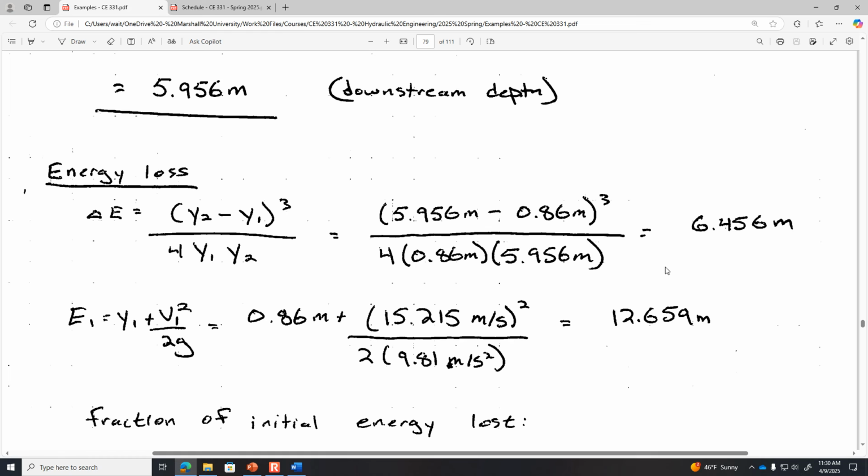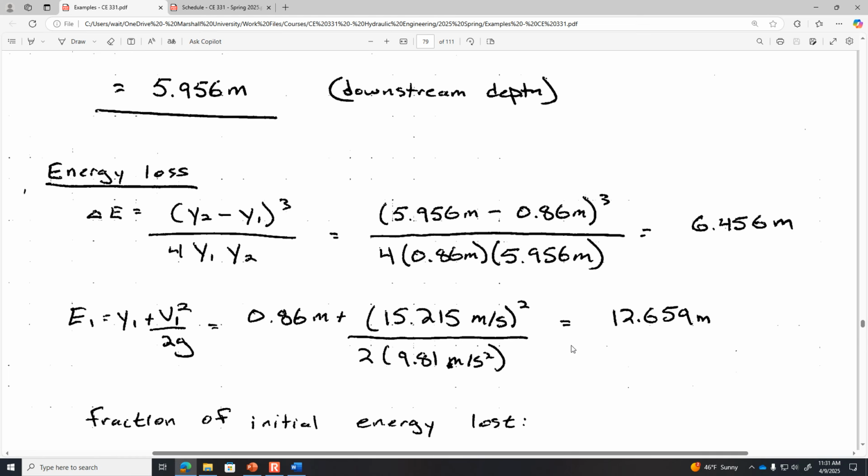And so you can calculate the velocity head any number of ways here. I determined the V at 1. Since we already know the depth and we know the flow rate and the width of the channel, we can find V1. So energy-wise, there's going to be 12.659 meters of energy originally at 1.